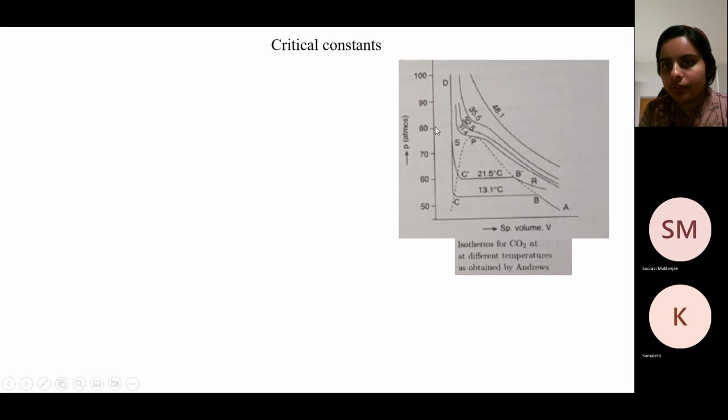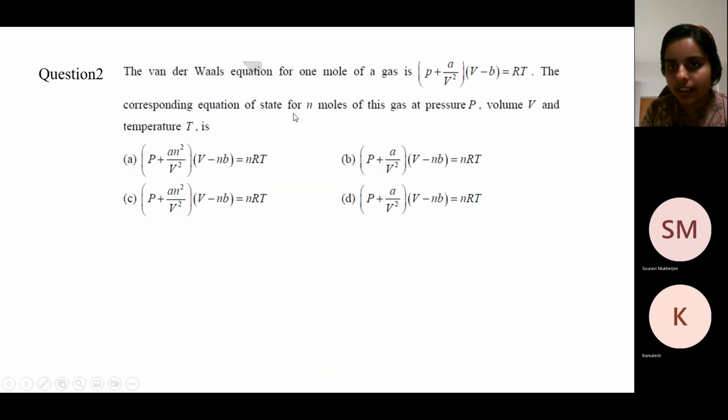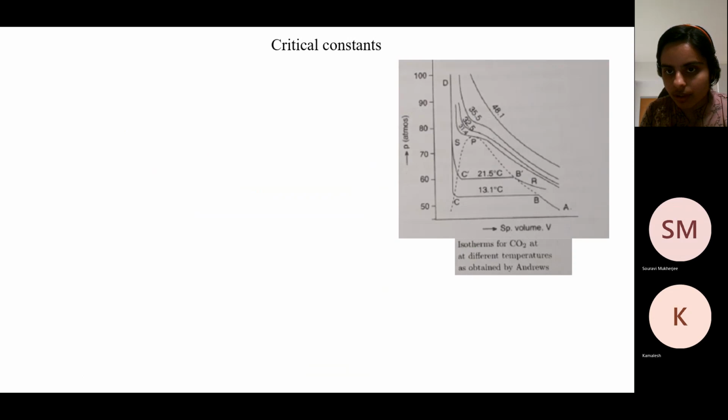If you look at the theoretical data, you'll see that it differs significantly in these regions. If you look at the van der Waals equation, for one value of P, you can have three roots.